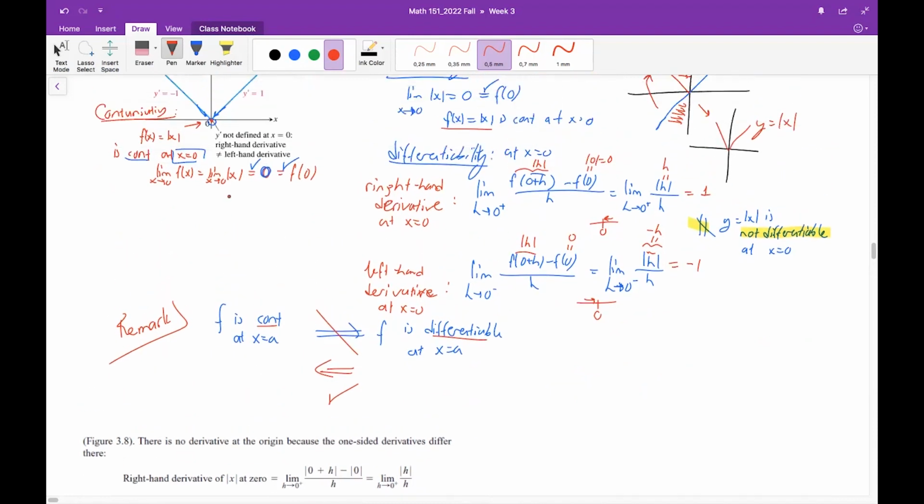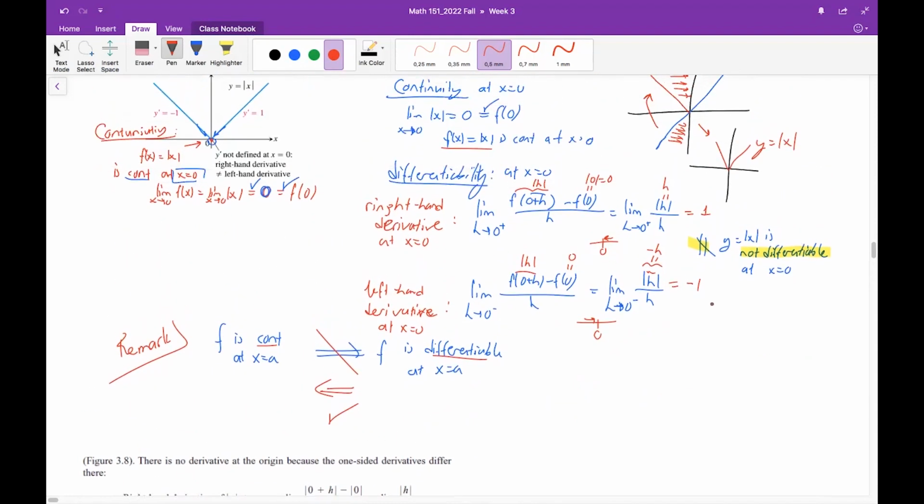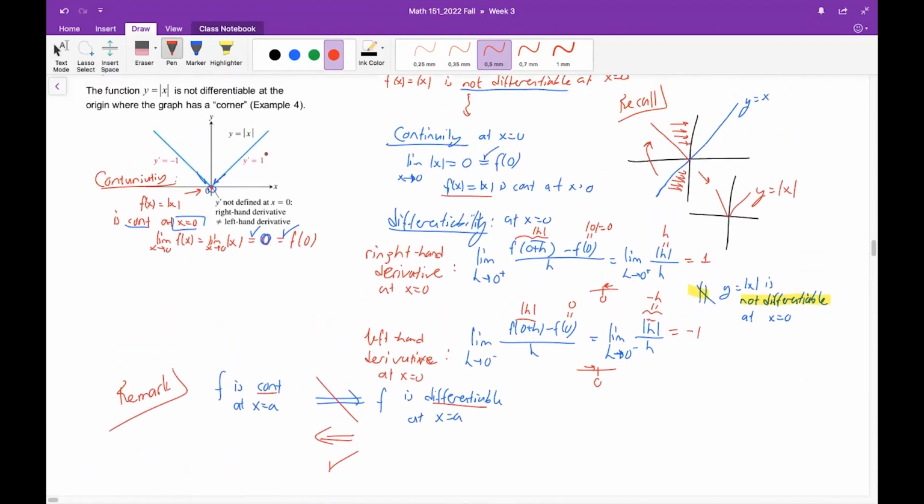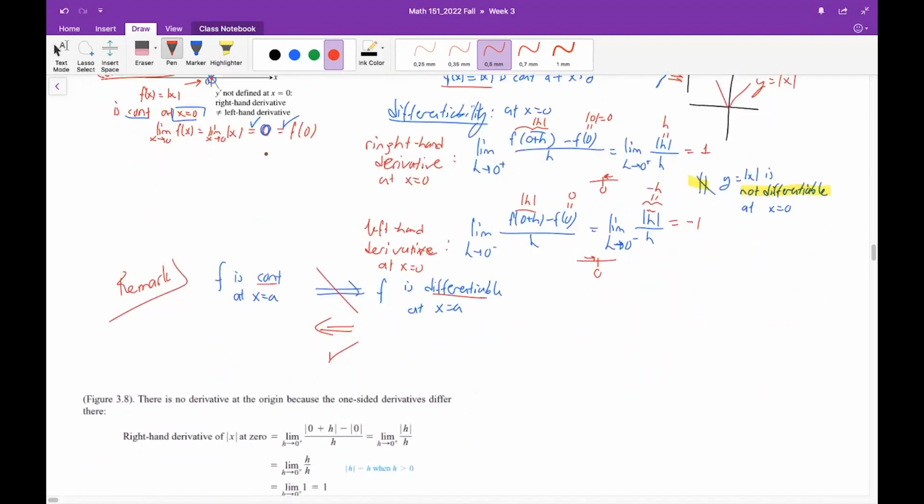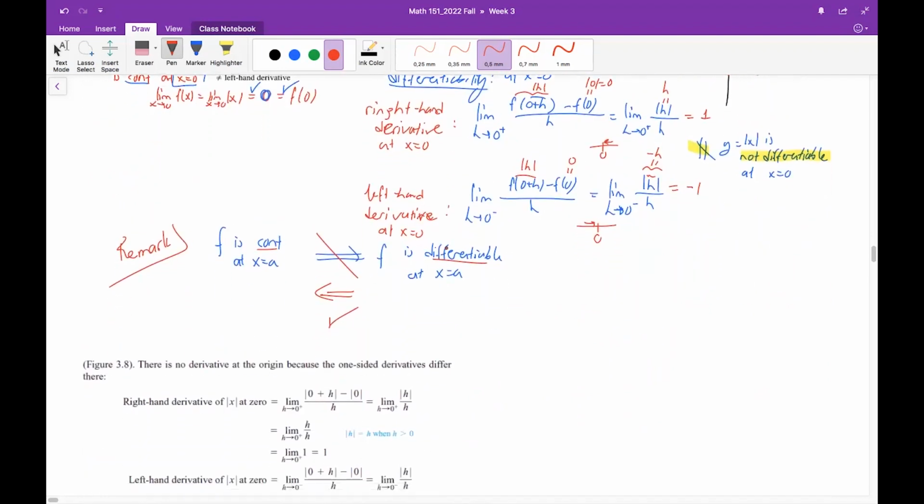There are functions which are continuous but not differentiable at that point. The absolute sine function is an example of that. But whenever a function is differentiable, then you are sure that your function is continuous there, because to be able to talk about differentiability, a function has to be continuous at that point, okay?